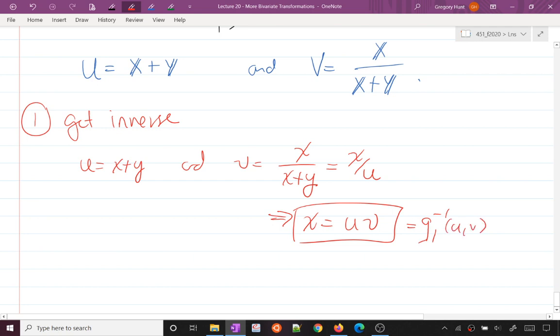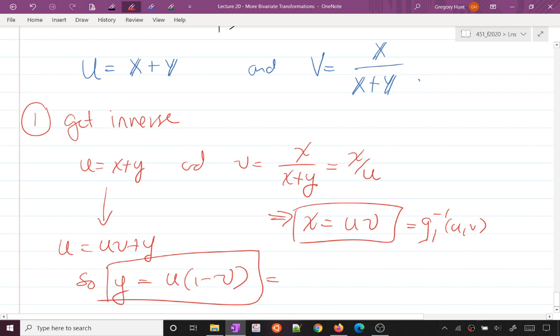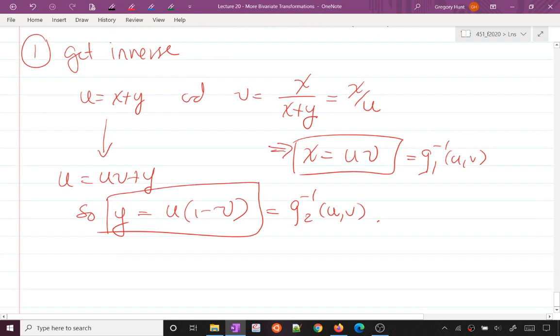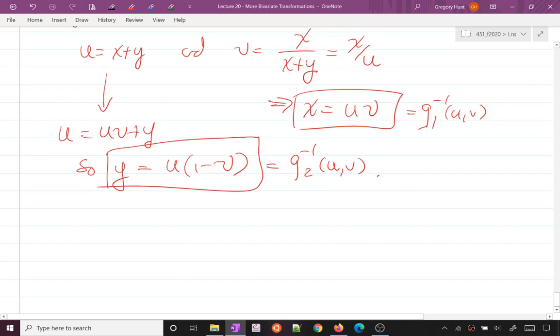That gives us x is u times v. And so using this second part, I can then say that if x is u times v, then u is uv plus y. So y is u times 1 minus v. And that gives me my second inverse transformation, my second coordinate. This is g2 inverse of u and v. So those are the inverse coordinate transformations.